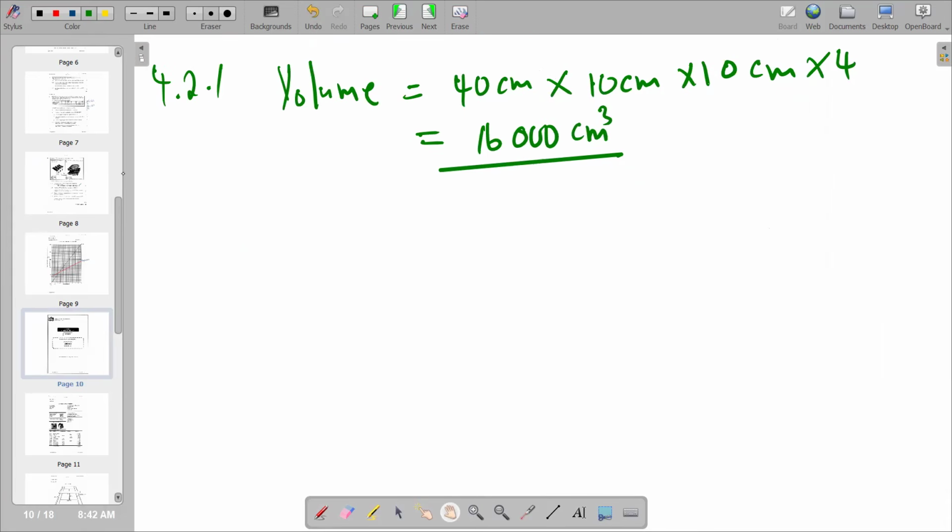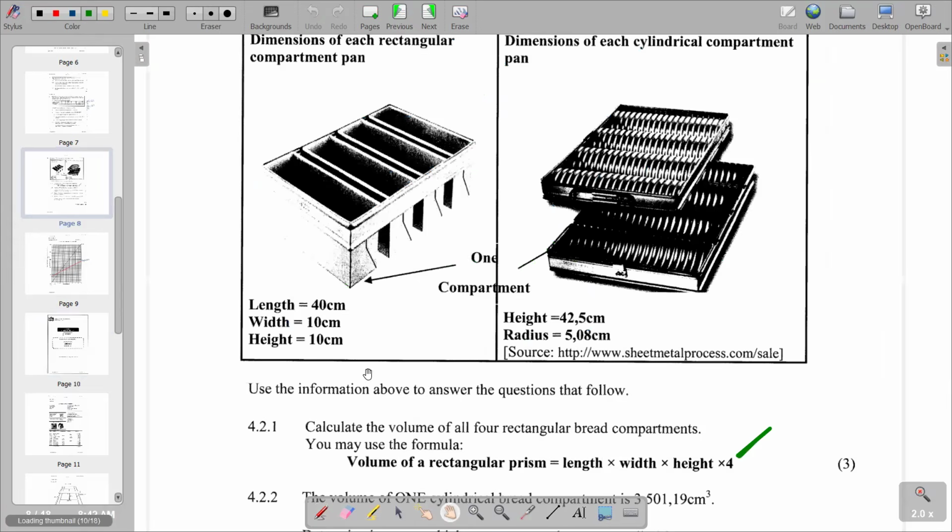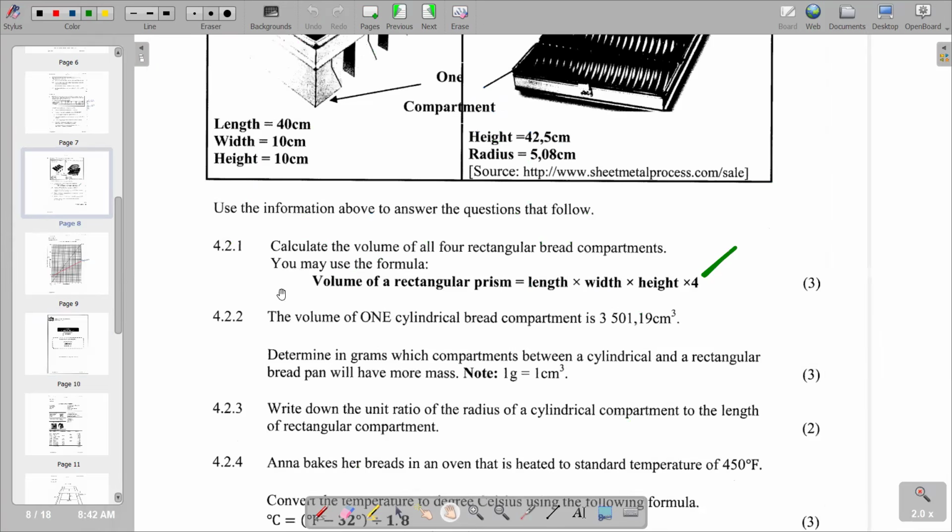So we go to the next part of our question, which is now 4.2.2. The volume of one cylindrical braid compartment is 3,501.19 cubic centimeters. Determine in grams which compartment between a cylindrical and a rectangular braid pan will have more mass. Note 1 gram is equal to 1 cubic centimeter.